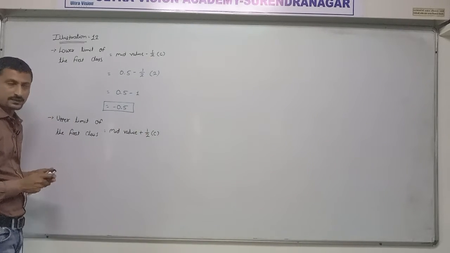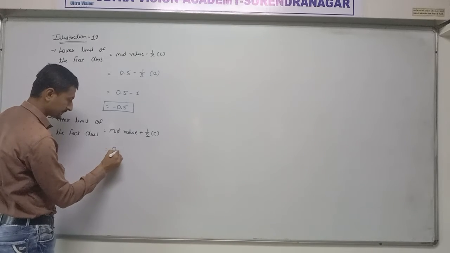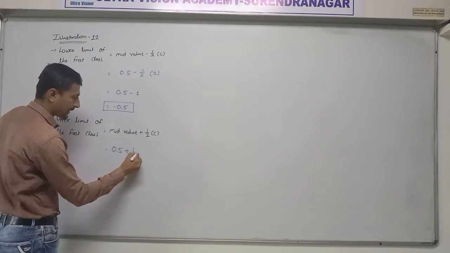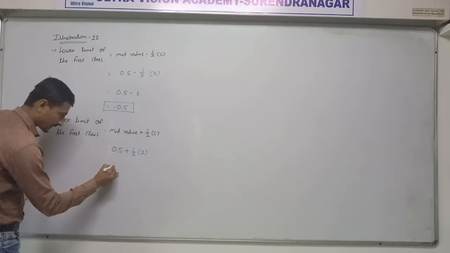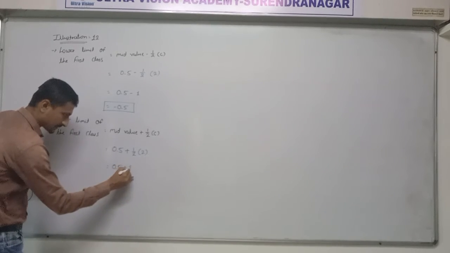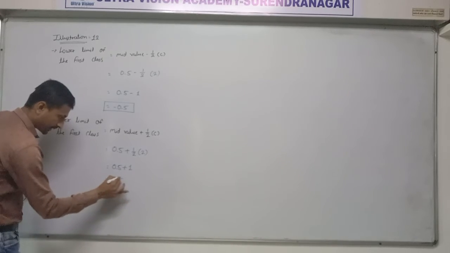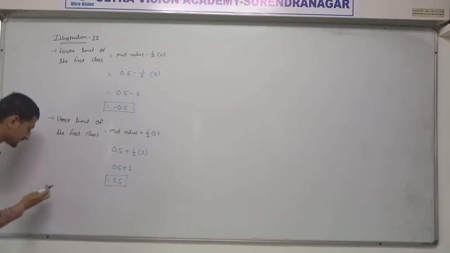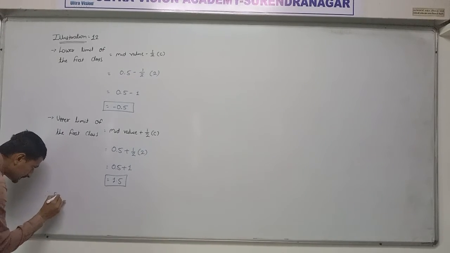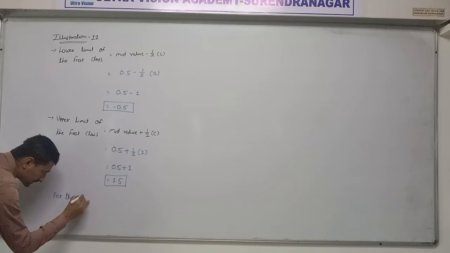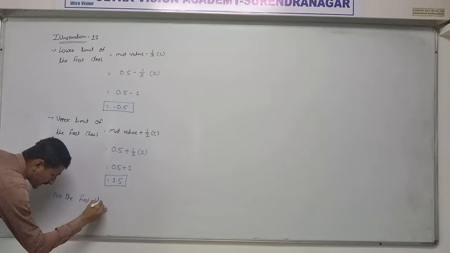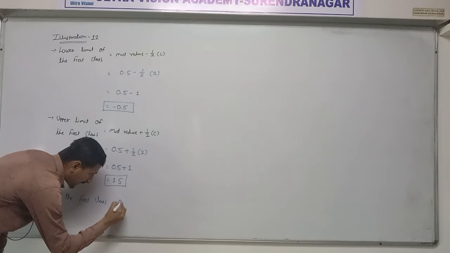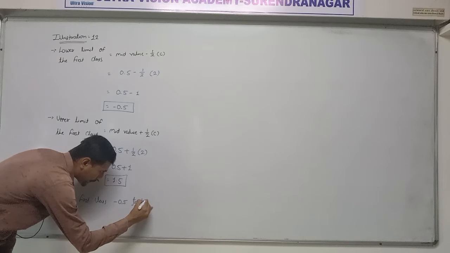Mid value for the first class is 0.5 plus 1 by 2 into class length 2, which is 0.5 plus 1, that is 1.5. So therefore, for the first class, minus 0.5 to 1.5. Okay, this is exclusive classes.